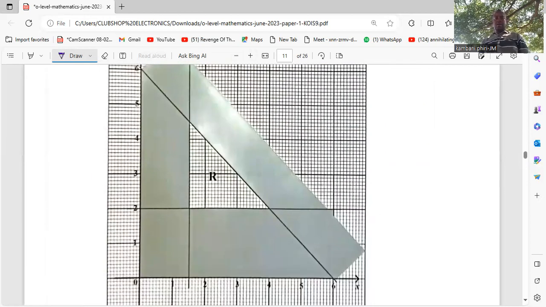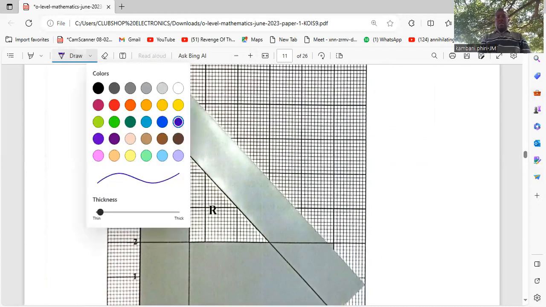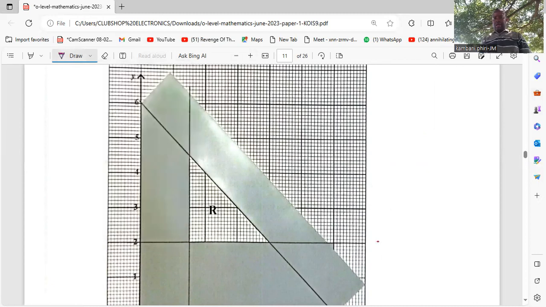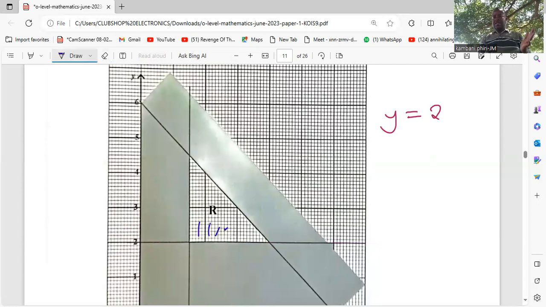So what we can do is come up with these lines that are straightforward. Like the first one here, this line is passing through the y-axis at 2. So the equation is y is equal to 2. But now, look at the area that we want to define, above. Because it is above, it means it is greater, so it will be y is greater than 2.